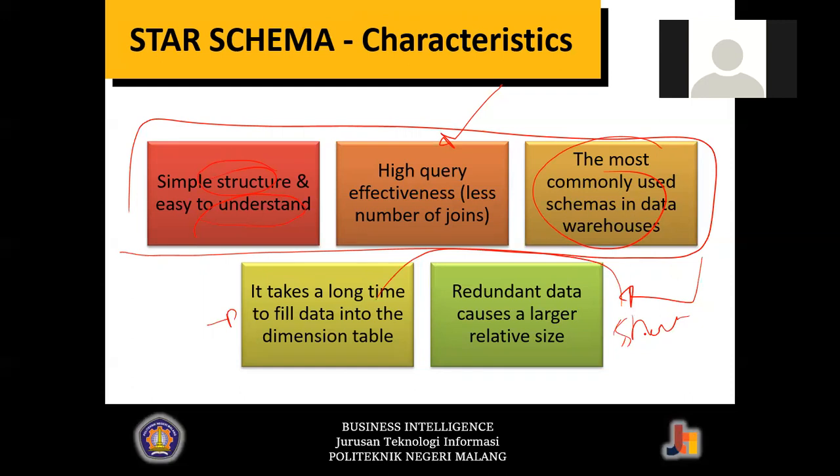Even though the difference is not so high, there is still a difference. The differences are the time used to fill the data into the dimension table, and the data redundancy, which is higher in a star schema than in the snowflake schema.